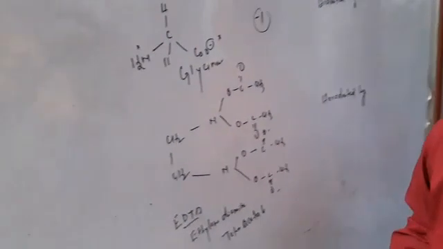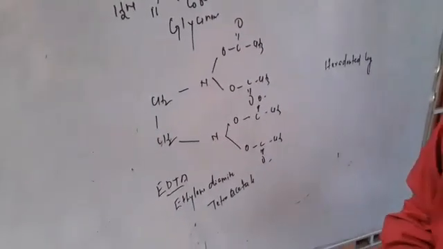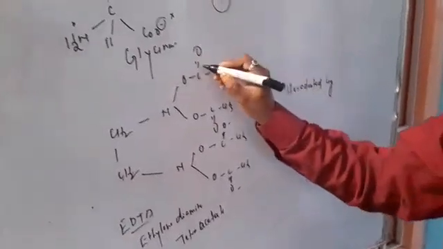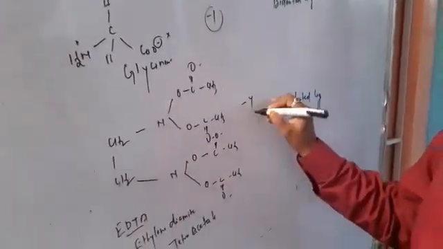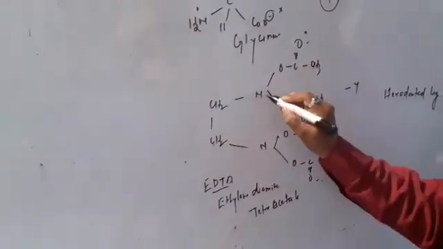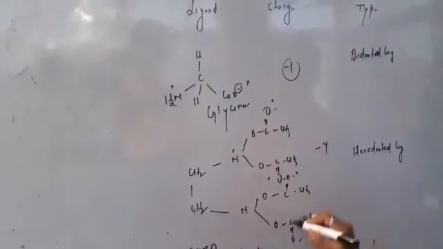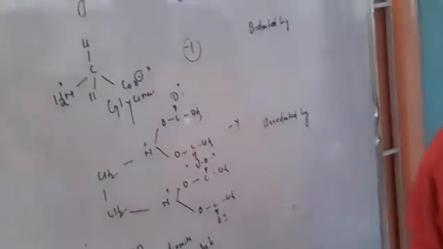It means it can donate 6 donor sites. So the denticity is 6 and the charge is -4. The donor sites are first, second, third, fourth, fifth, sixth. This is 1 mole, it means 6 donor sites.